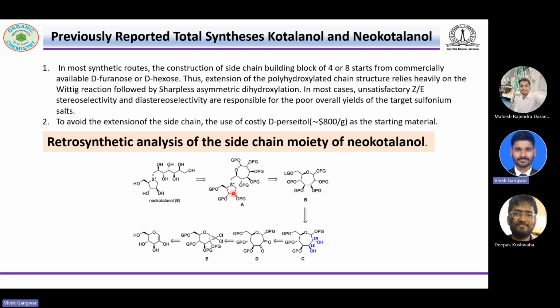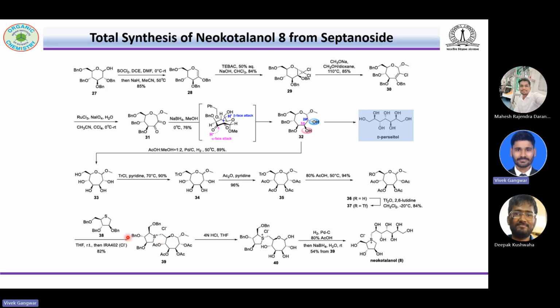So this is the retrosynthesis, this septanoside, using oxyglucal. For the forward synthesis, what they did: using this hemiacetal followed by chlorination using SOCl2, they synthesized this oxyglucal, followed by cyclopropanation and ring opening using sodium methoxide, and then oxidation followed by reduction. This reduction using NaBH4 is very diastereoselective, so only one septanoside is forming.